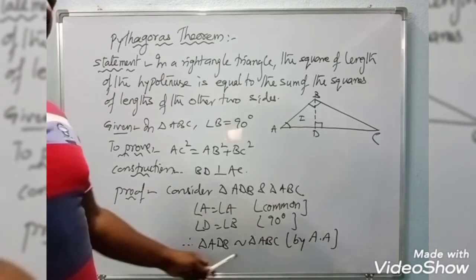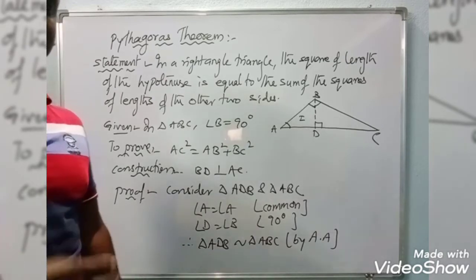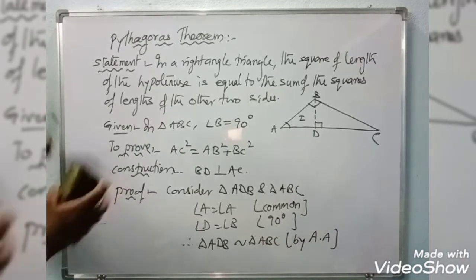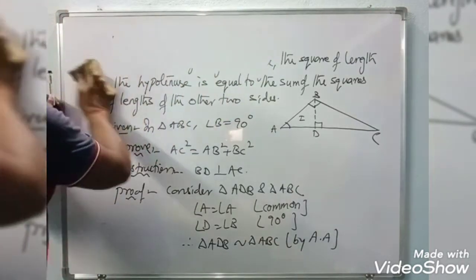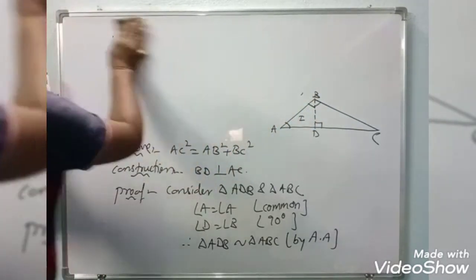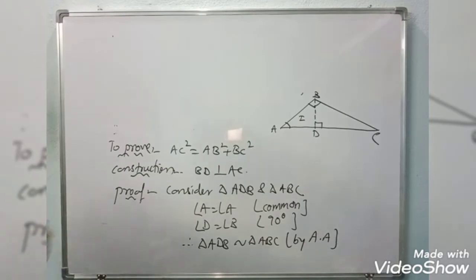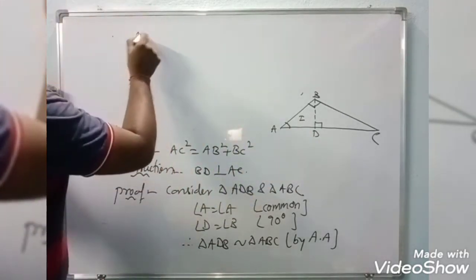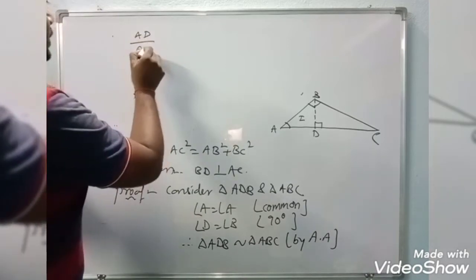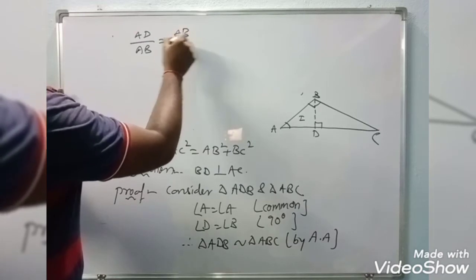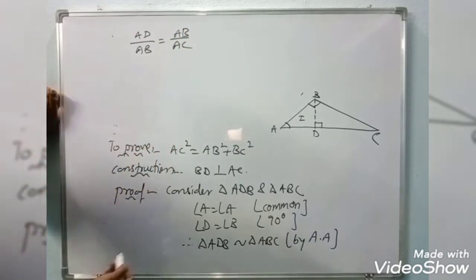Based on these two triangles, if the two triangles are similar, already in previous classes we have learned that if any two triangles are similar, then their corresponding sides are in the same ratio. So I can write this one as, taking the base, AD by AB is equal to AB by AC, right?